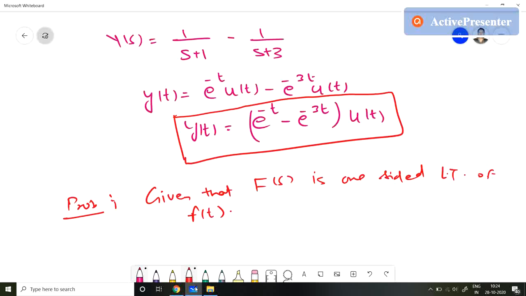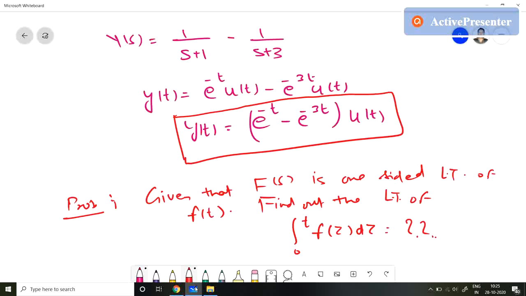So find out the Laplace transform of the integral from 0 to t of f(tau) d tau.